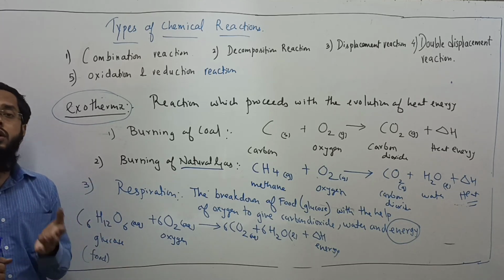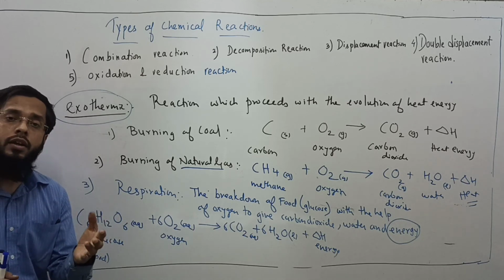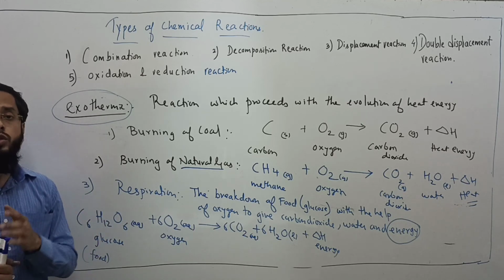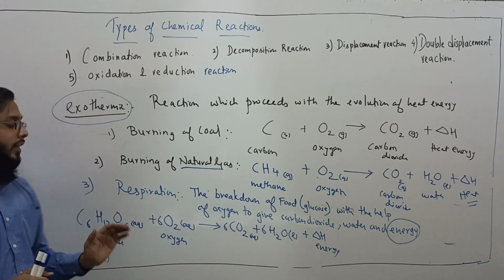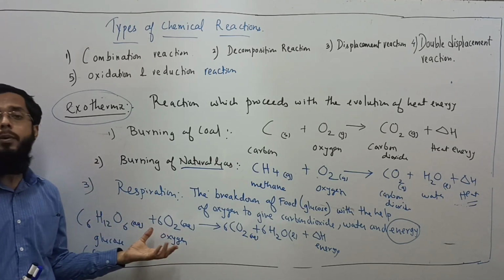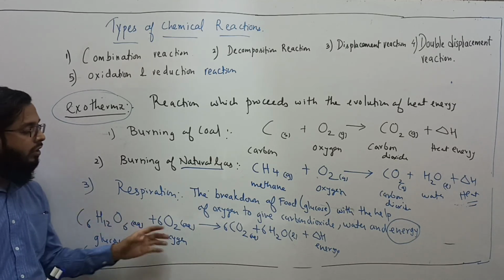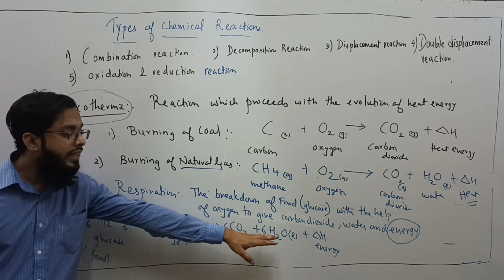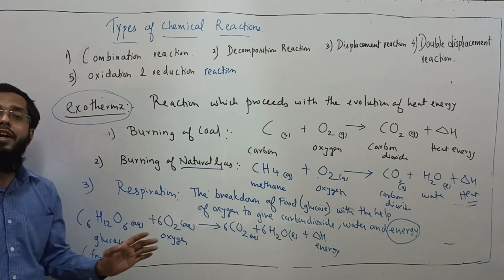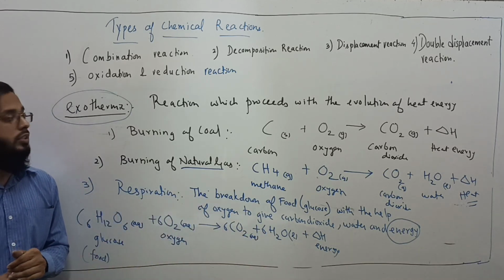Like photosynthesis occurs with the help of sunlight. Without sunlight, it does not occur. Such a reaction is known as an endothermic reaction. And those reactions in which there is no requirement of heat, you only combine them, and when they give the product, they also give you heat energy. Such a reaction is known as an exothermic reaction.